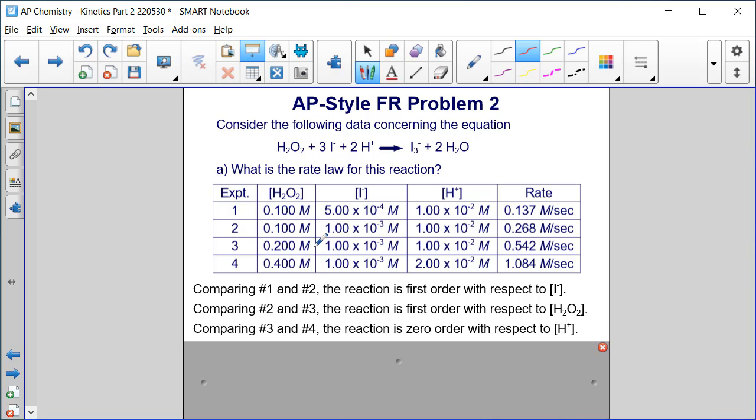So take a look at here. If we compare 3 and 4, I- is staying the same. H2O2 is doubling, which we know means this will double, and it does. But at that time, we also doubled the H+ concentration, which means the reaction is 0 order with respect to H+.